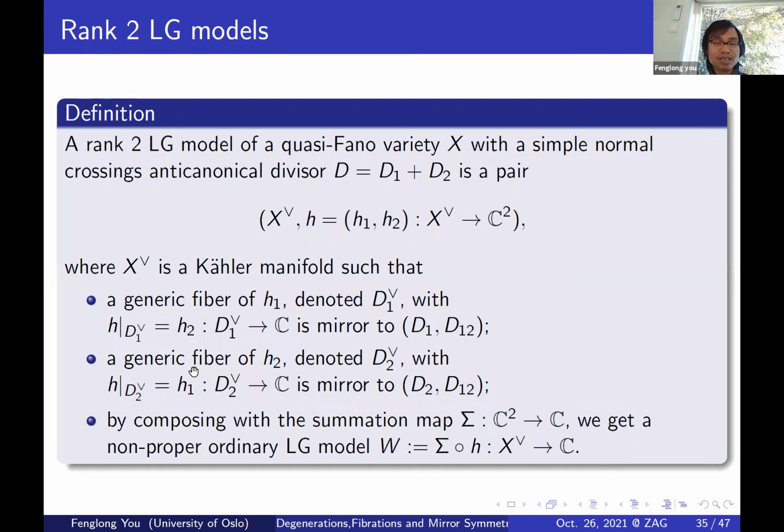And the generic fiber of H2 is mirror to D2, and that is mirror to D2 with its smooth anti-canonical divisor. That's called a rank 2 Landau-Ginzburg model.